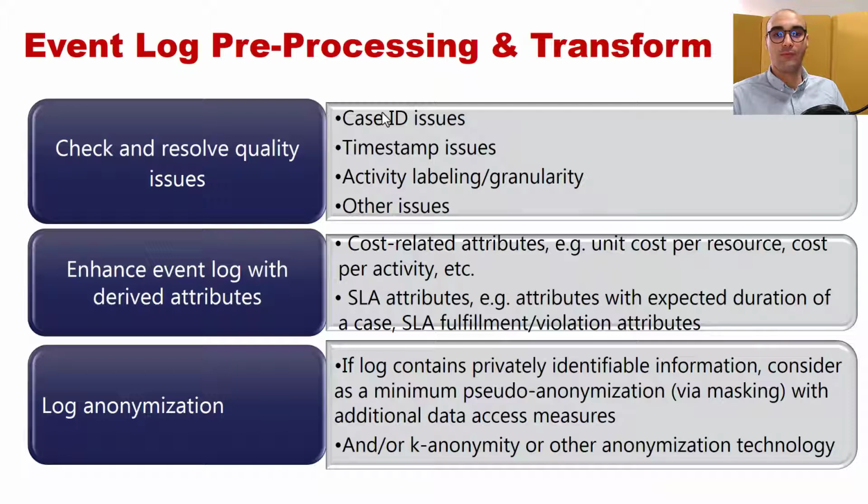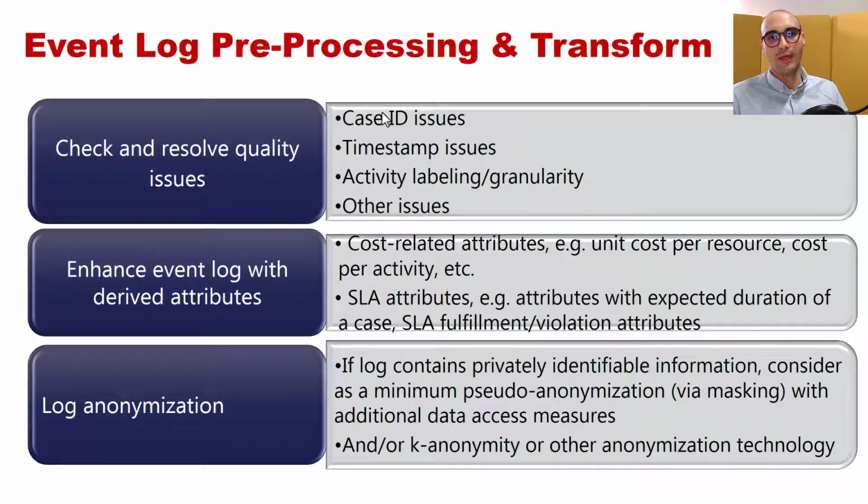We can also have derived attributes. There are some kind of attributes that will help the analysis. Like for example, if you need to have the cost of every case or the cost of every activity, that's a derived attribute. You need to calculate it by joining the table of the event log with the table of costs and provide the cost per activity based on the duration.